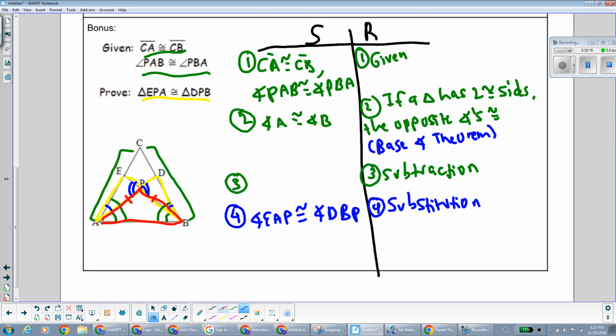So the large angles that we're starting with are angle A and angle B. And when you subtract, you start with bigger, because otherwise you get negative, and you don't want to get a negative angle. That doesn't even make any sense. And we're subtracting the congruent pieces that we don't want, so PAB and PBA.